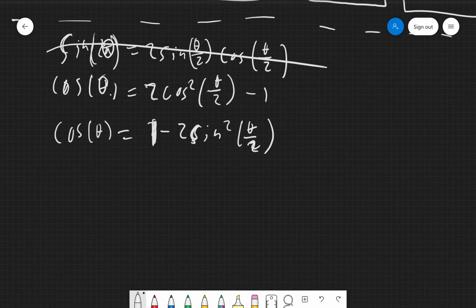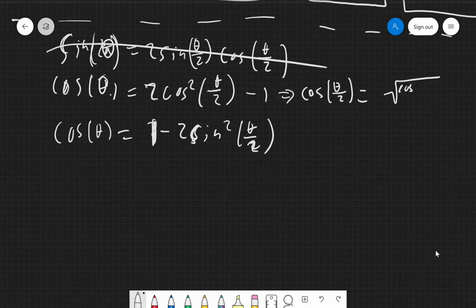Right, so now we're looking for theta over 2. So what we can do is we can add 1, divide by 2, and square root. So what we're going to do is we're going to get the cosine of theta over 2 is equal to the square root of cosine of theta plus 1, or actually I'm going to write it like this, just for the symmetry with the other result.